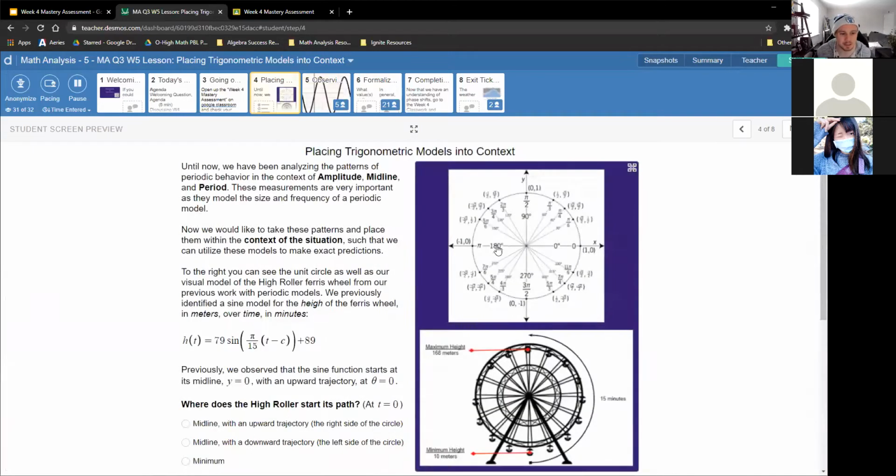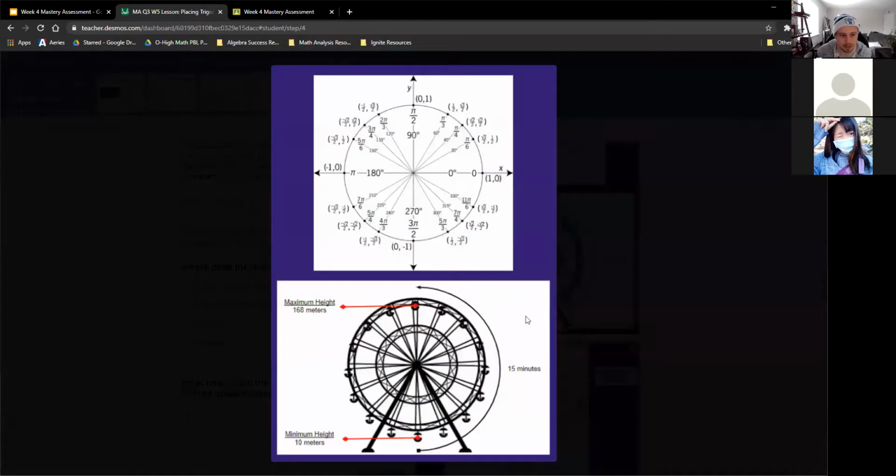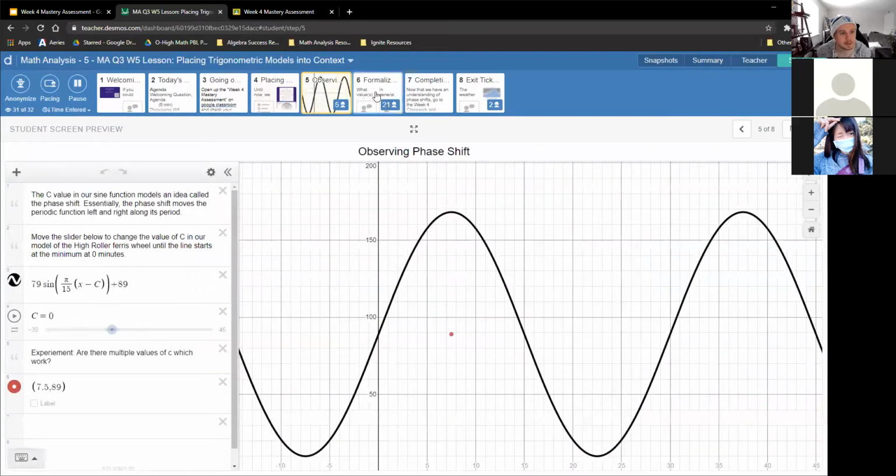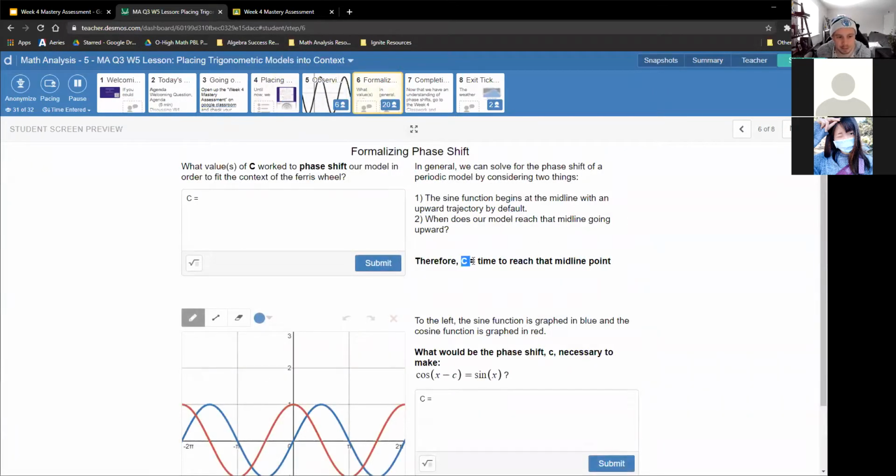So if I look at my Ferris wheel and, instead of it taking 7.5 minutes to get here, I was there already, if I look backward by 22.5, if that makes sense in the context, then you can always use that. So that's how we can find C.